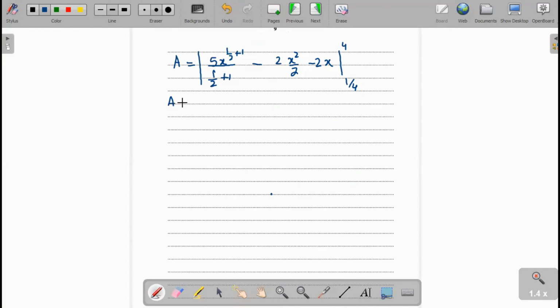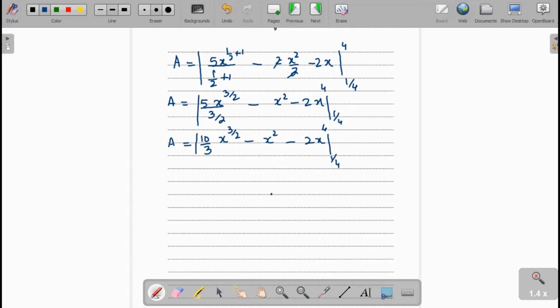So area equals 5 times 2 over 3 x^(3/2), that is 10 over 3 x^(3/2), minus x squared minus 2x.